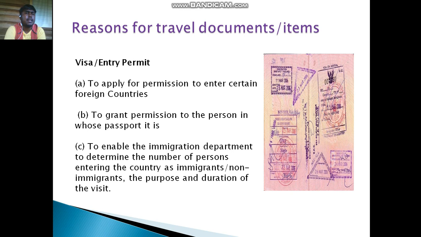You need to have it before you can go to a country. To travel to a country, you need to have that permission, and that visa shows that you are granted that permission to enter that country. And the visa will also show if you are granted permission as an immigrant to live there or to just vacation as a non-immigrant. And this serves as a record to help manage a person entering and leaving a country.